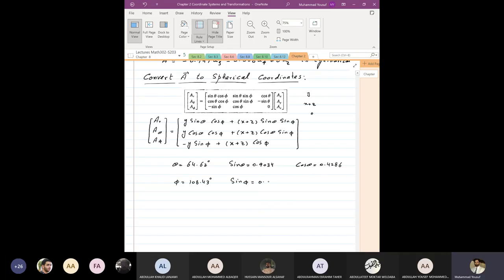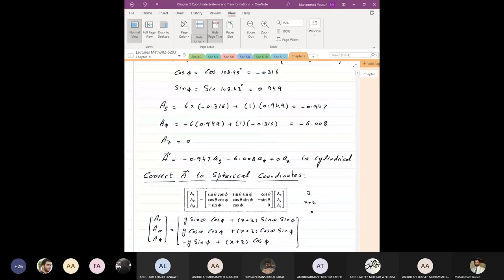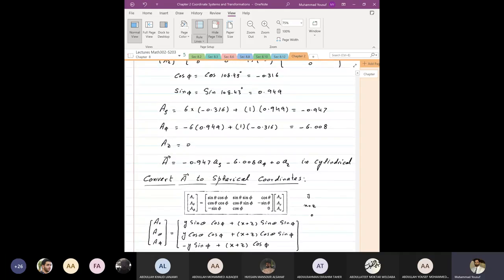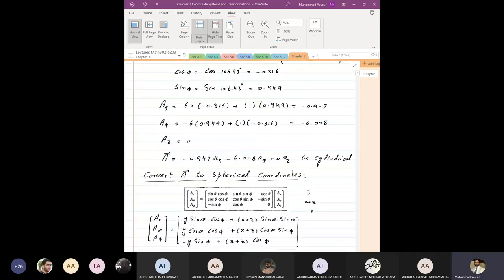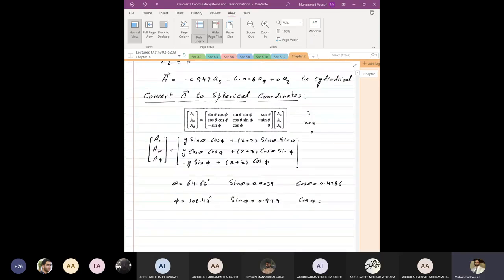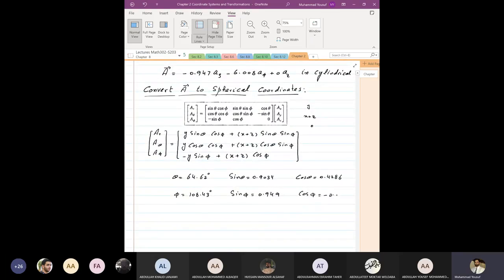Sine phi is 0.949 and cosine phi is negative 0.316. So now what is A_r? 6 multiply sine theta.